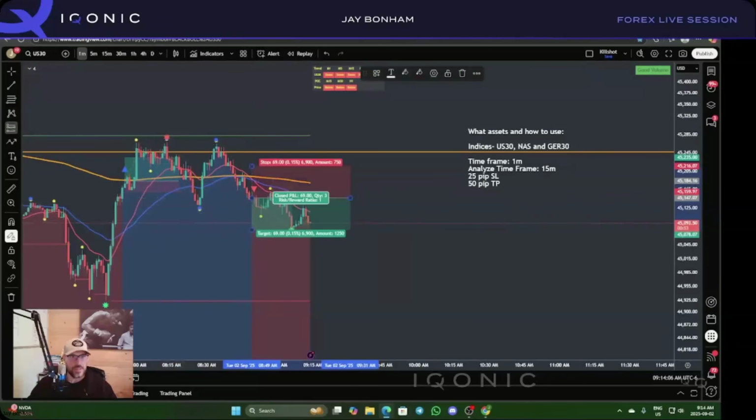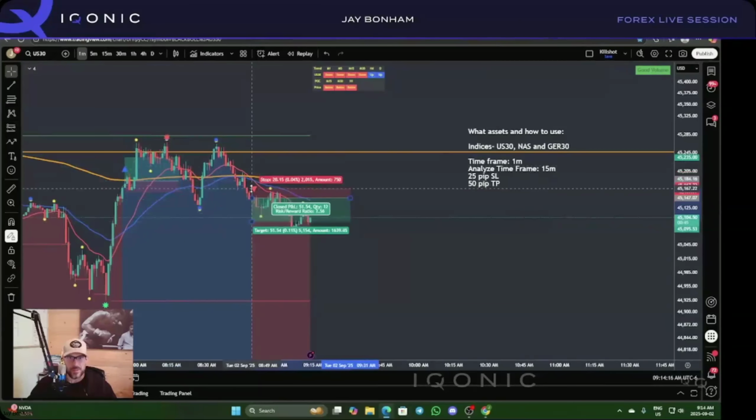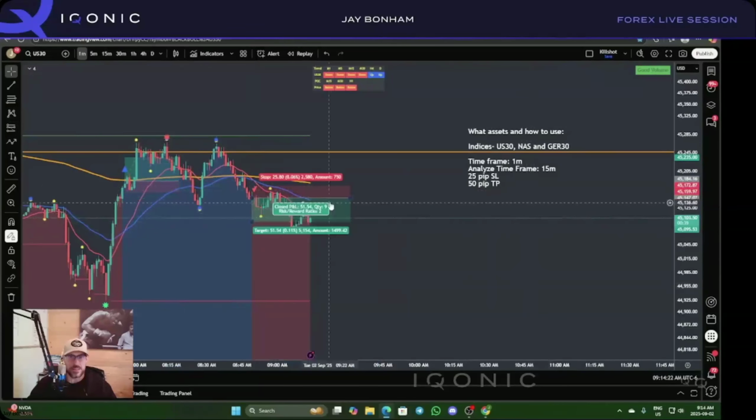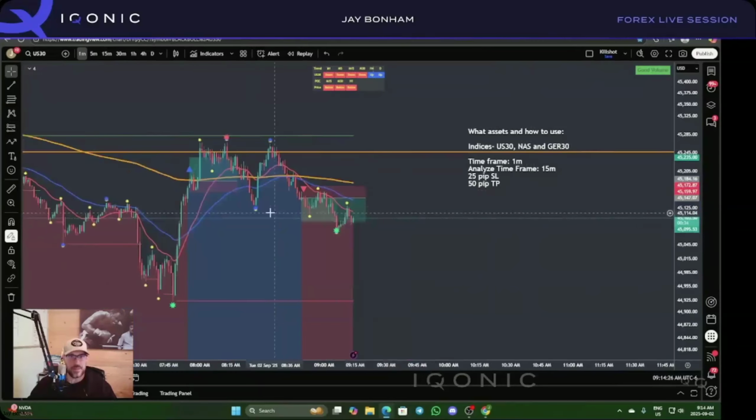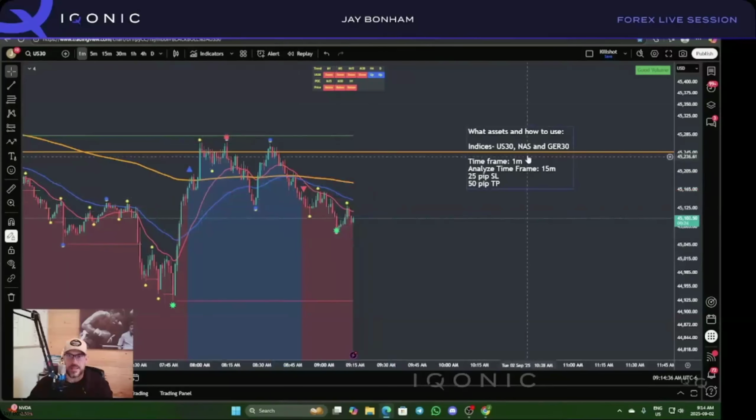We get that 25.50. We'd probably want a little bit more to be behind the EMAs, but I think we're going to do an advanced Killshot boot camp as well. These are all the basics. We like to trail our stop, which we'll show after we get through the analysis. So that is our indices.